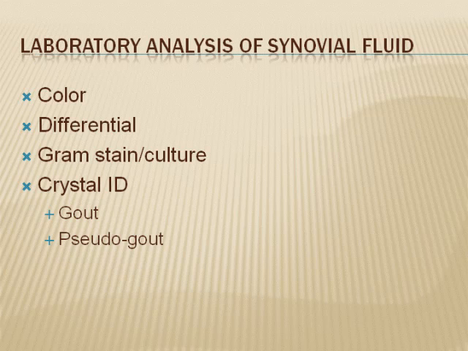You could possibly also see cholesterol crystals, calcium oxalate crystals, and calcium apatite or calcium phosphate crystals as well. Those would be seen with osteoarthritis. Mostly, in my experience, you're differentiating between the monosodium urate and the calcium pyrophosphate crystals. And of course, looking to see if it is an infection causing that inflammation.